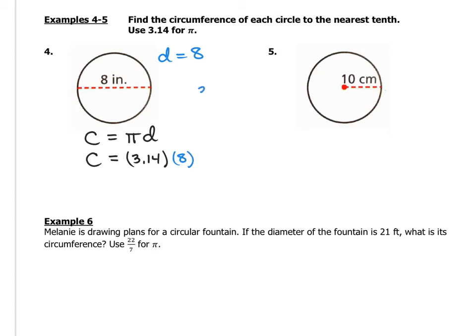So I'm going to do 3.14 times 8. And that gives me the decimal 25.12. So that means the circumference of this circle is 25.12 inches.